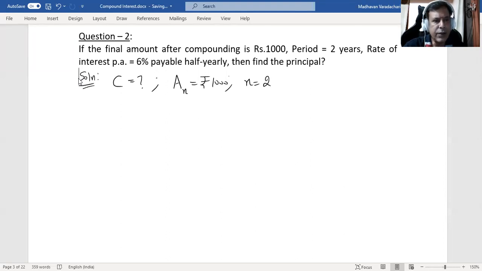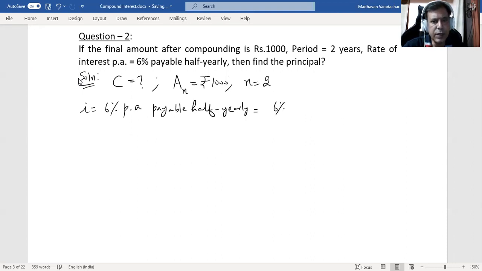and rate of interest I is given as 6% per annum, but it is payable half yearly, which means it is half yearly.